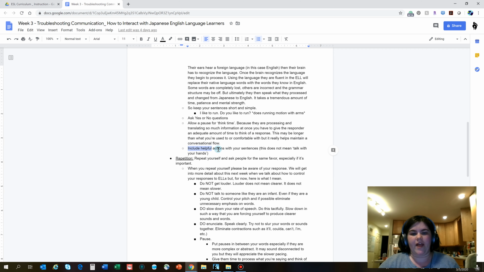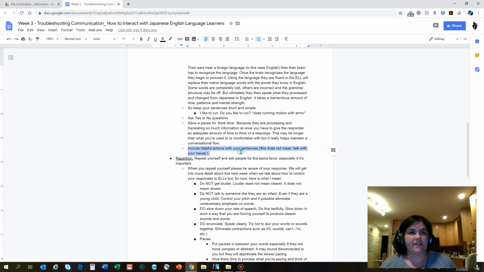Also include helpful actions with your sentences. This doesn't necessarily mean talk with your hands, but it does mean using your body to make helpful gestures when necessary.